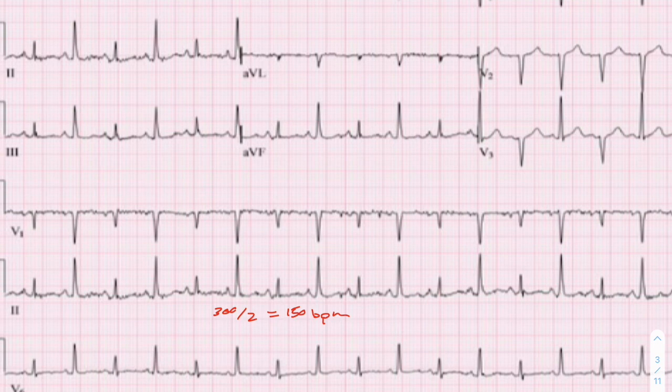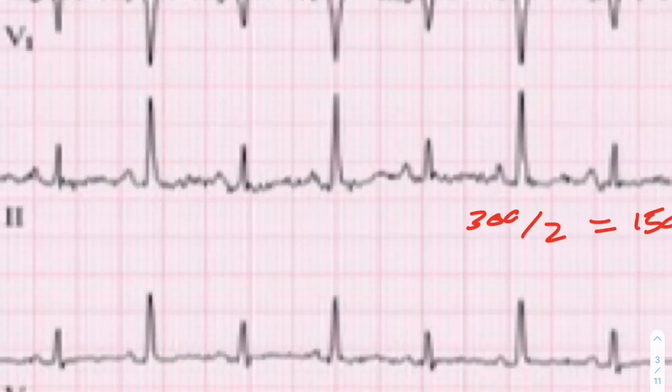Moving on to our QRS complexes. We've got an interesting finding here. We do have what looks like narrow QRS complexes. The quality isn't great, but this looks to be just about one small box.